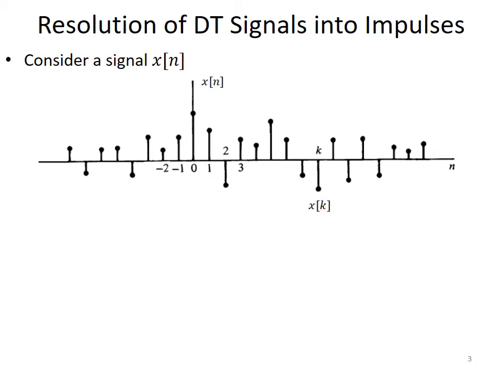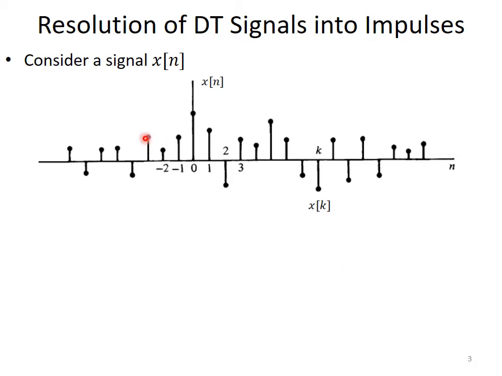And I told you, if you remember, that we can represent any discrete time signal in terms of a series of impulses. That is called resolution of DT signal into impulses. And in the convolution method, we first resolve the input signal in terms of impulses, and then we convolve the input signal with the system's mathematical model.